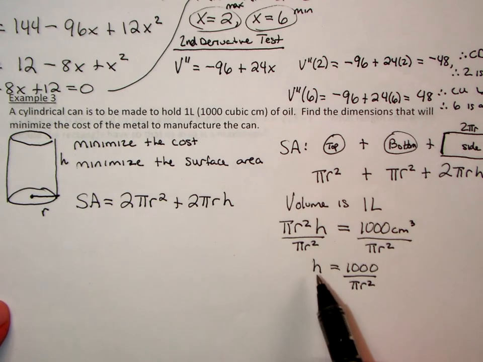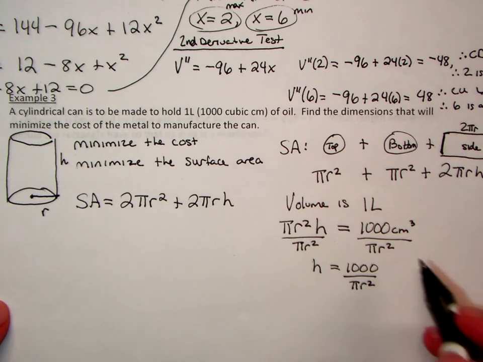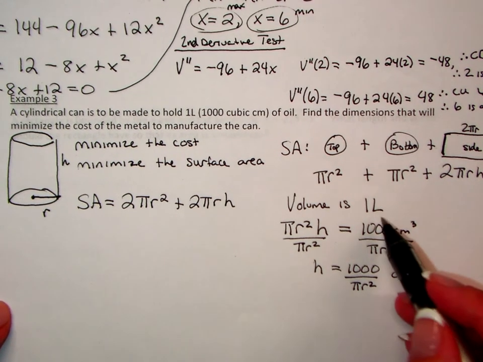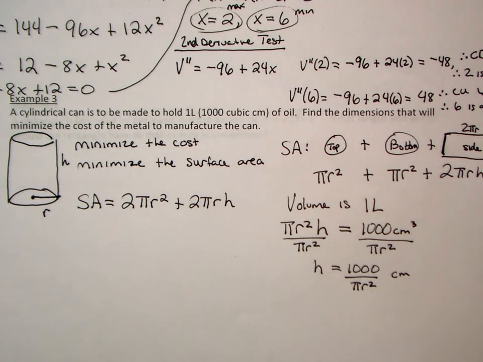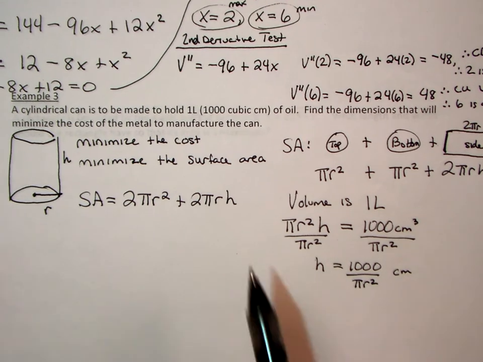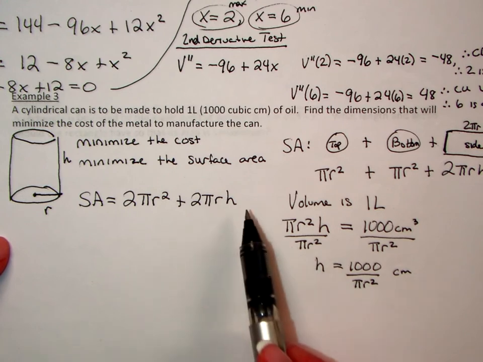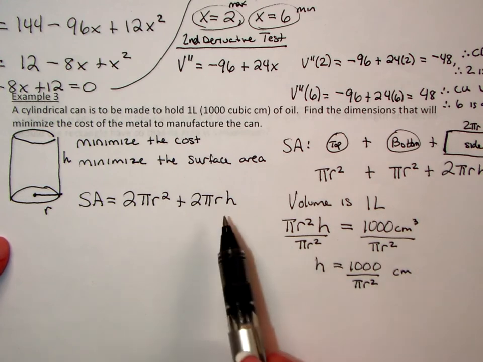Now this height is one-dimensional, so the dimensions here are just centimeters, which is why it's nice not to use liters, because what happens if you put liters in one dimension? I have no idea, so let's not do that. Let's substitute h equals 1,000 over pi r squared here.